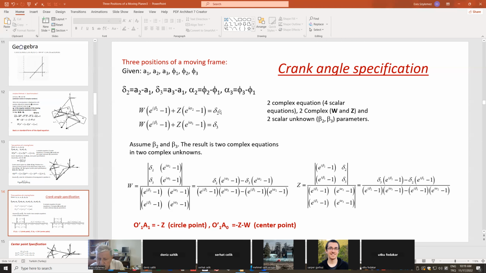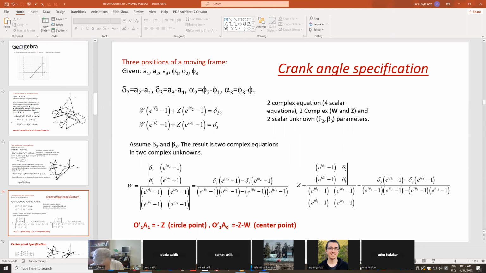Whenever you have specified 3 positions, those are fixed. You want to satisfy those values. In that case, in this equation, we have W, Z as 2 vectors or 2 complex numbers, and then we have beta 2, beta 3, 2 crank angles.